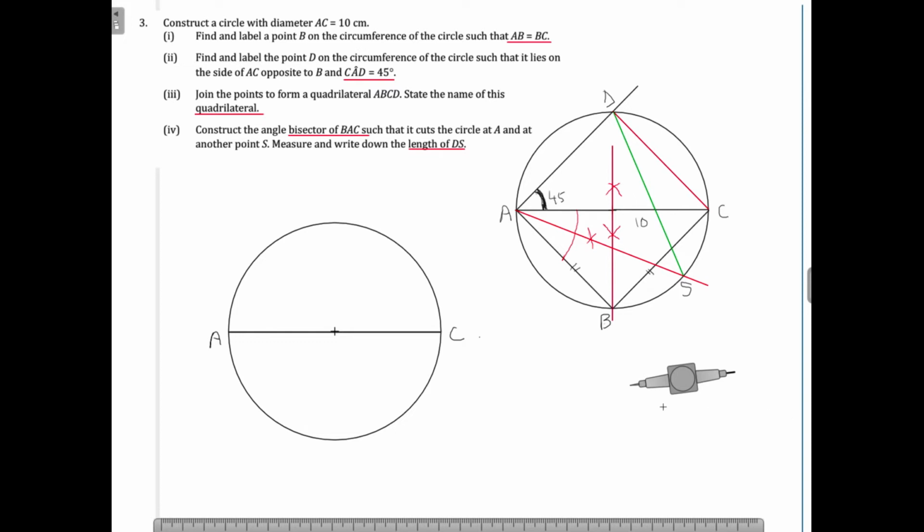So let's take the compass to A, extend it to more than halfway, and draw an arc on top and below the line.